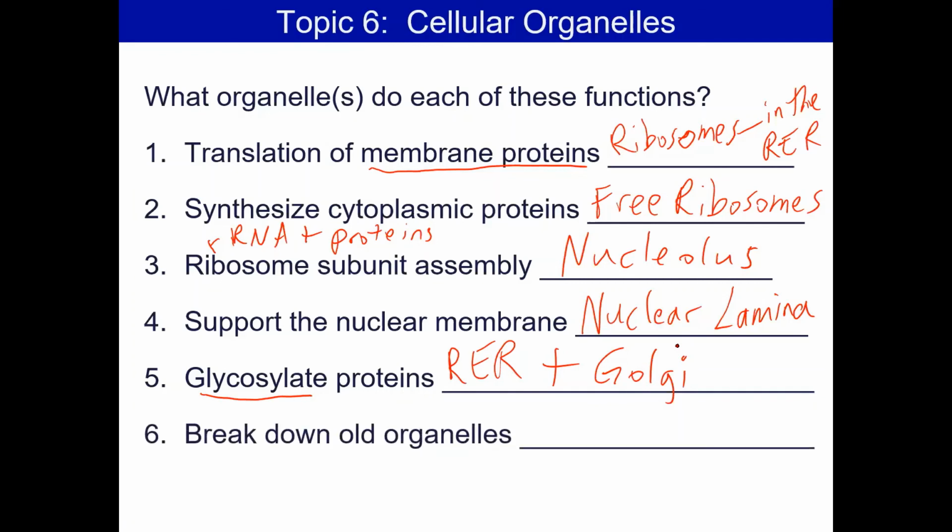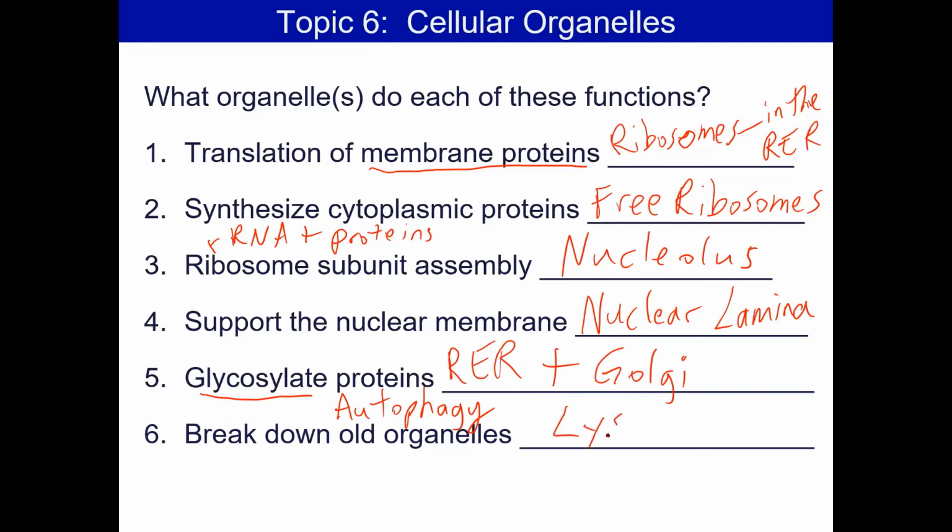Okay, number 6, breaks down old organelles. Think a little bit, we did talk about a process, and the process is called autophagy. That's the process where old organelles are getting digested. So what's the name of those digestive compartments?